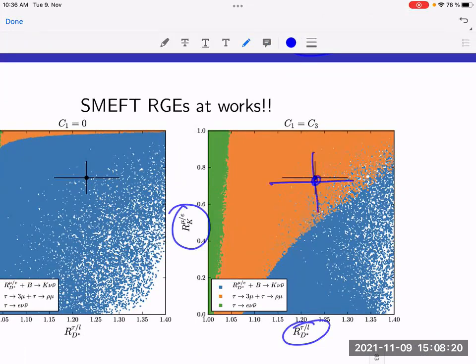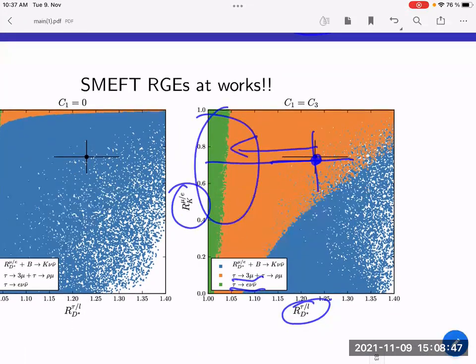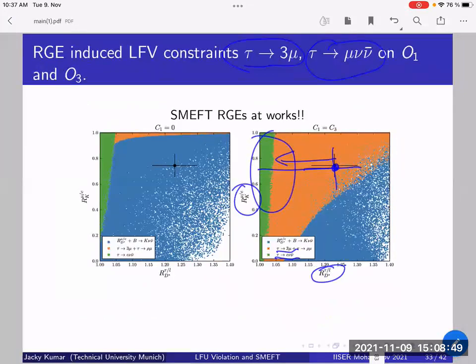You need like 25% enhancement in the RD observable and like 20% suppression in the RK observable. These points refer to the U1 Leptoquark model. As you can see, it is very severely constrained by tau to e nu nu bar and tau to 3 mu. Basically, it's excluded. This green region is many sigmas away from the experimental point.